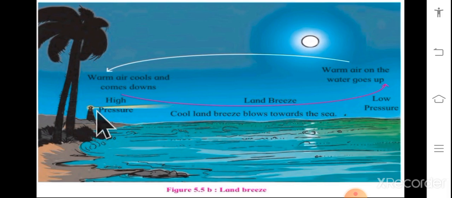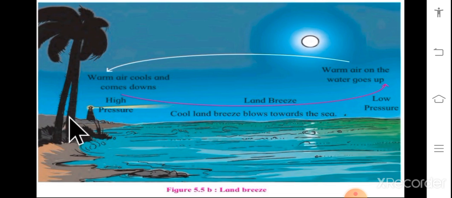So what is the condition now, girls? At night, land cools down faster, and at that time, what is the condition with the sea water? Sea water is still a little warm. So again I am saying, at night land cools down faster as compared to the sea, and therefore has higher pressure.